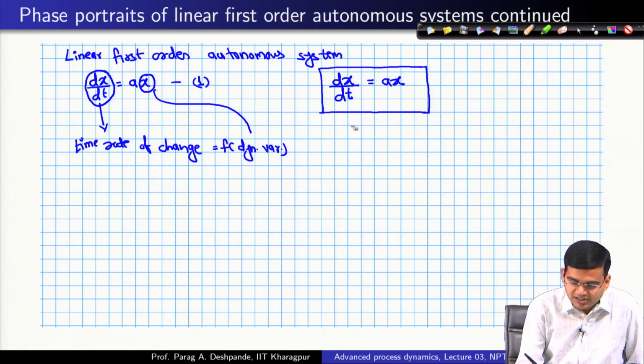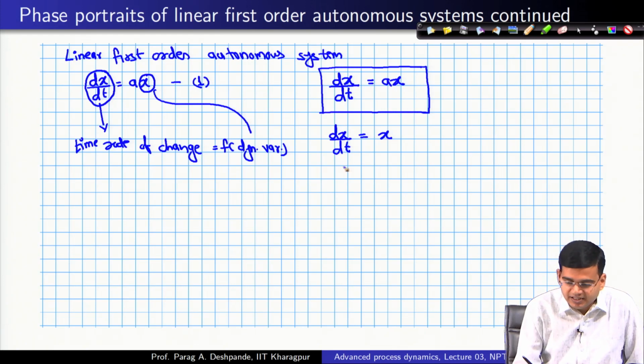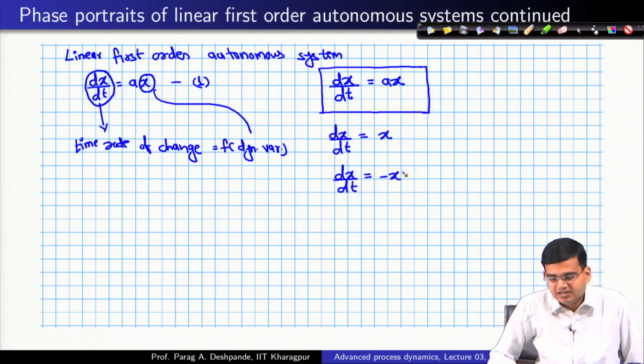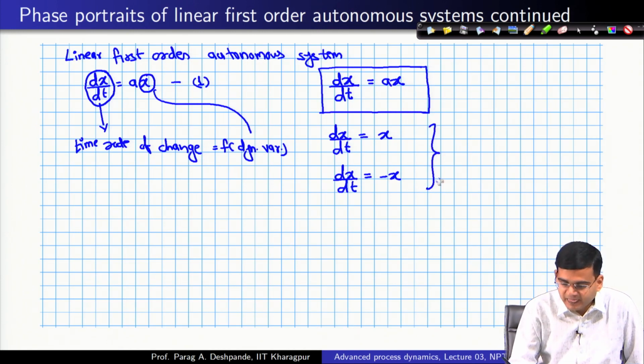So, if dx by dt is equal to a x and a is equal to 1, then you have the equation dx by dt is equal to x, and when a is equal to minus 1, then the equation is dx by dt is equal to minus x. So, therefore, these are two equations, right.